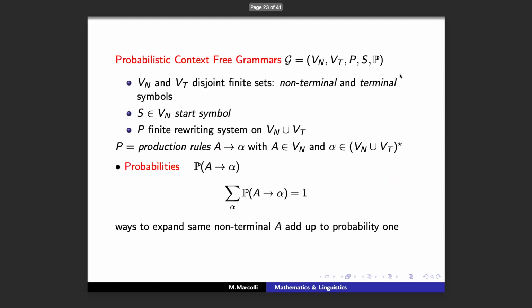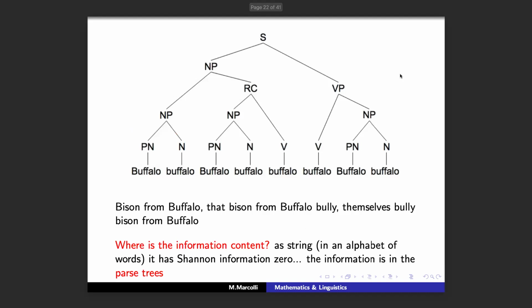This means that it makes more sense to incorporate your probabilistic structure in the parse trees, or in the derivations that give you the sentence, so that you would actually be seeing the structure rather than just the string of words.